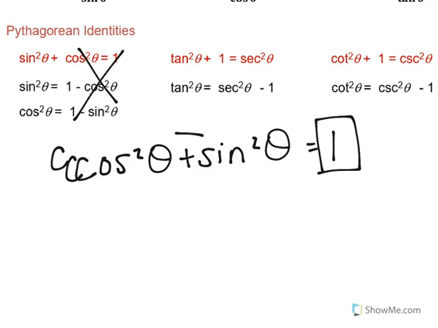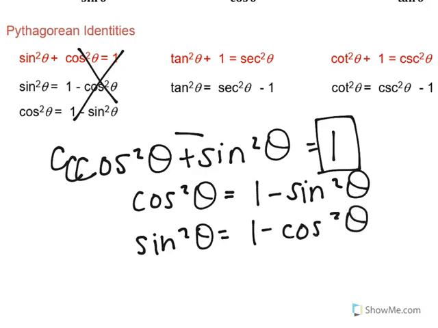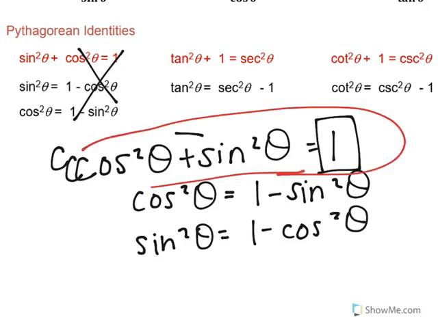Now, if I move over cosine squared or sine squared, what I also find is that cosine squared theta is equal to 1 minus sine squared, or sine squared is equal to 1 minus cosine squared. Like I said, I'm not solving anything. This is just the identities that I'm letting you use, and we'll see how we use them in a few minutes. But our main one here is sine squared plus cosine squared equals 1.